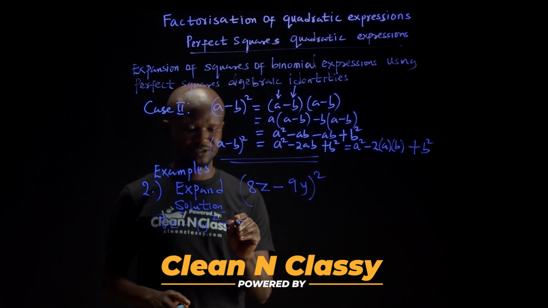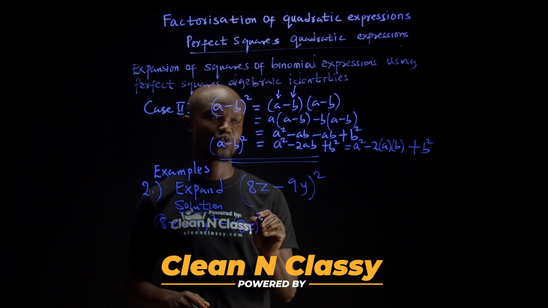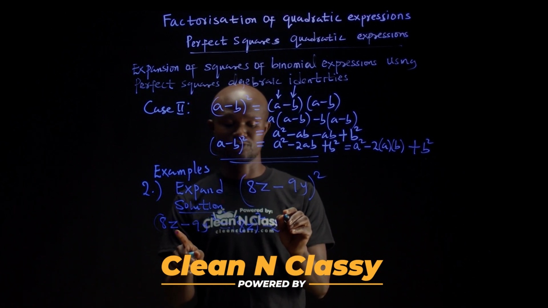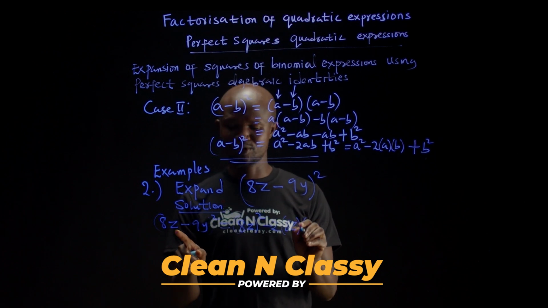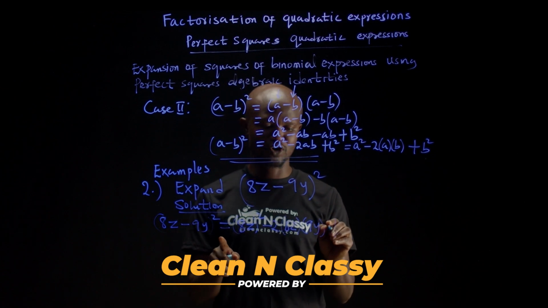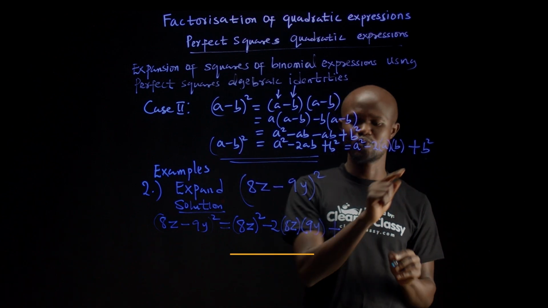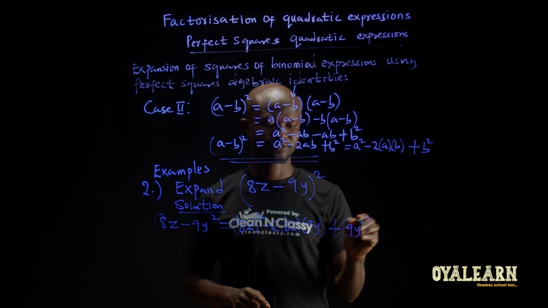So here, using that same principle, we have the first one, 8z squared, minus what? 2 of 8z into the second one, 9y, then plus the last one that we have here, just like b squared. So we have 9y squared.